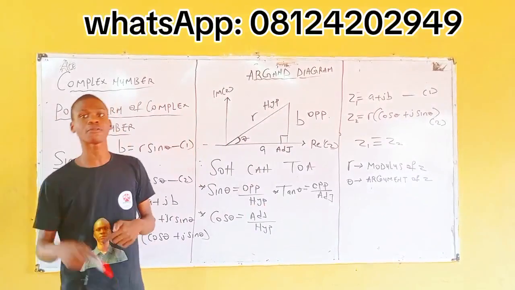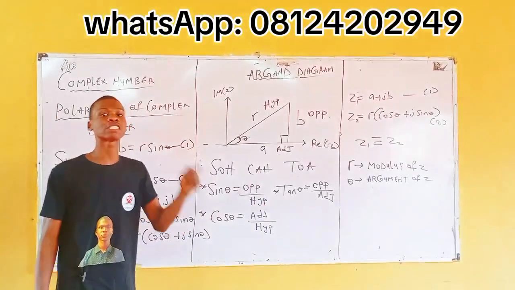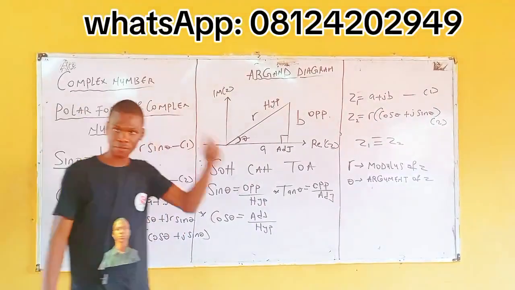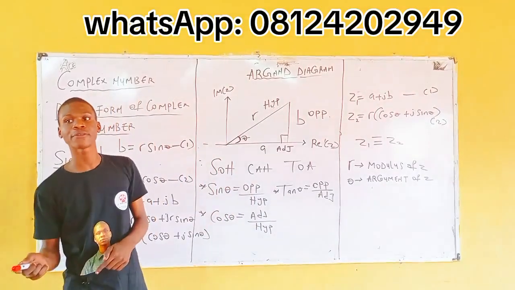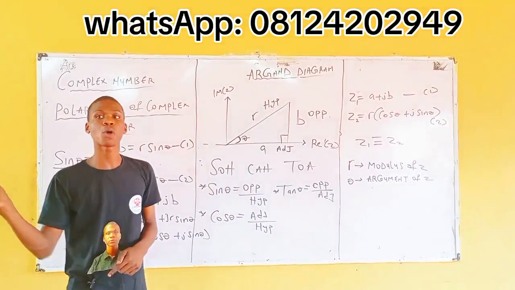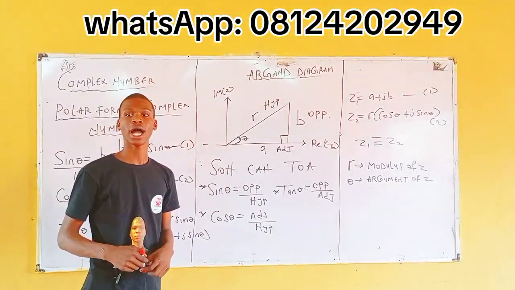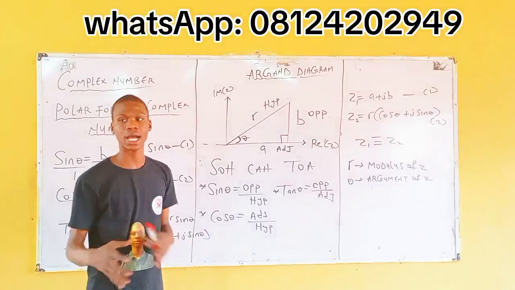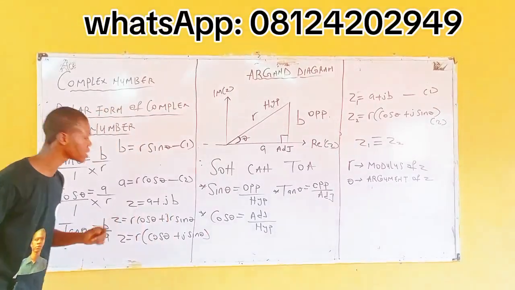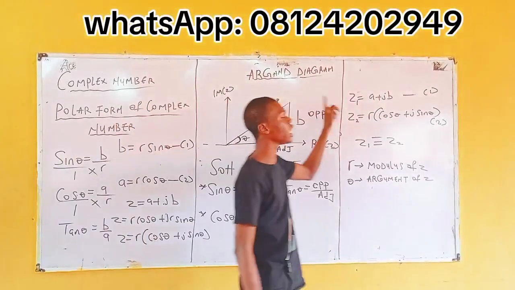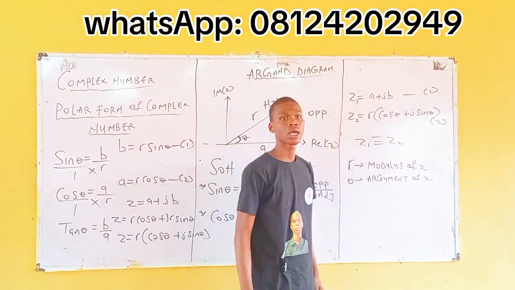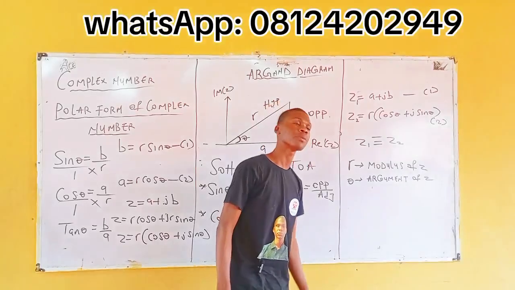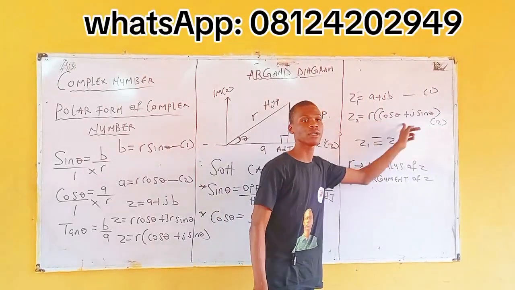Now for exponential form, what does this mean? You derive the exponential form from polar form. For the logarithmic form, you derive logarithmic from exponential. So they work hand in hand. Now what this means is that any complex number given to you, you can express in polar form if you know the value of R and the value of theta.